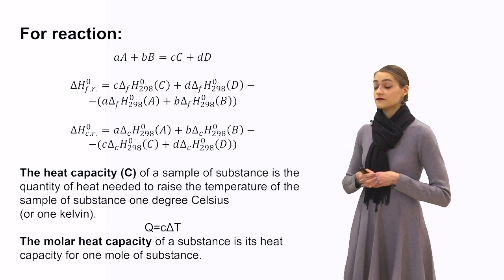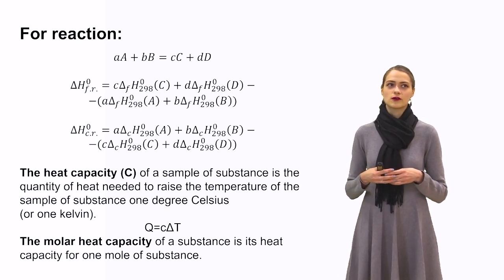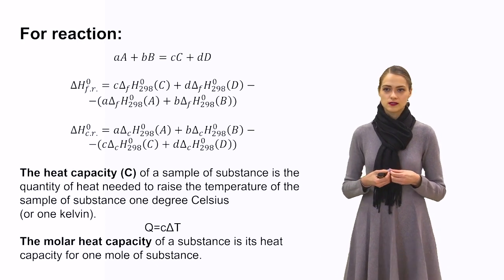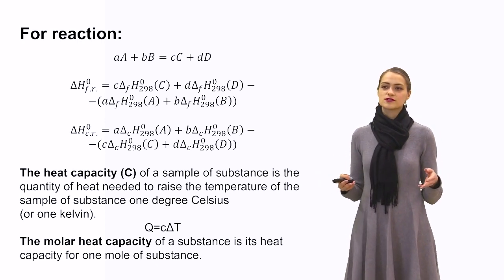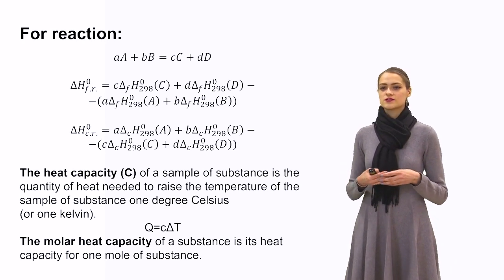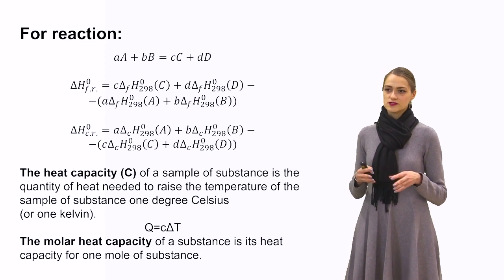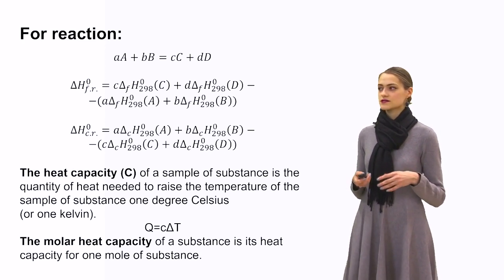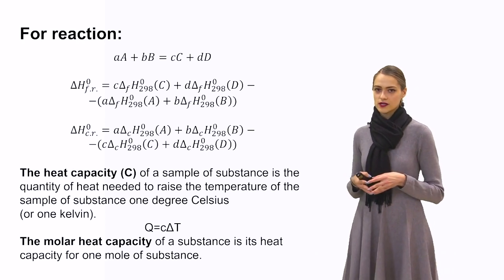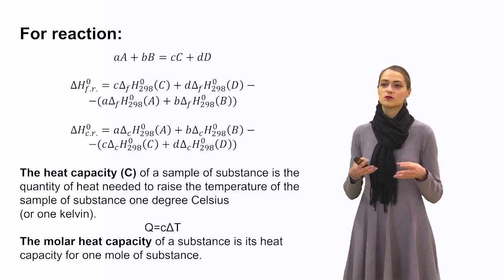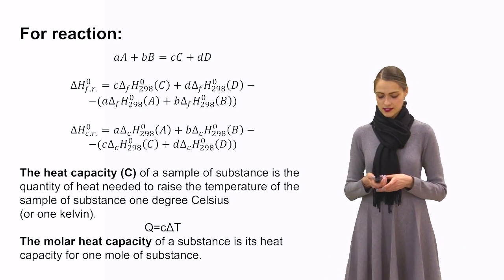In school, in physics, you use heat capacity for 1 kilogram of a substance, but you know that in chemistry we use the molar concept. So here we use molar heat capacity, and depending on the thermodynamic data and conditions, isobaric or isochoric, we use molar isobaric heat capacity or molar isochoric heat capacity.